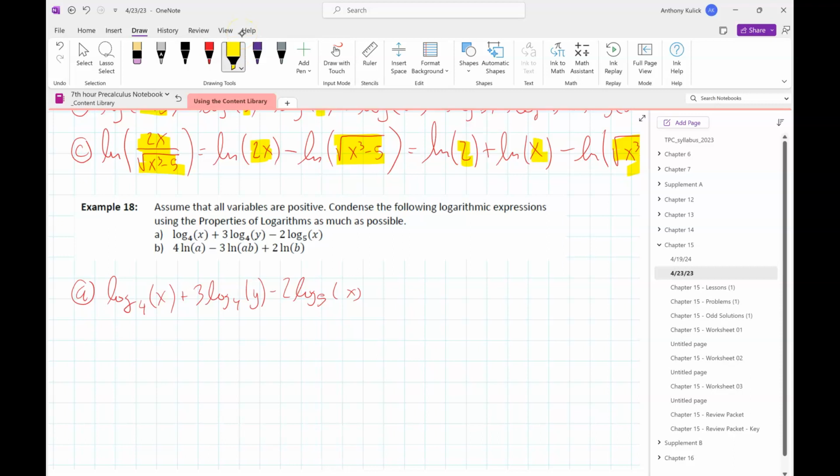So the first thing we're doing is looking for power properties. But because we're going the opposite direction as well, instead of looking for an exponent inside the logarithm, I'm looking for a coefficient in front of the logarithm.